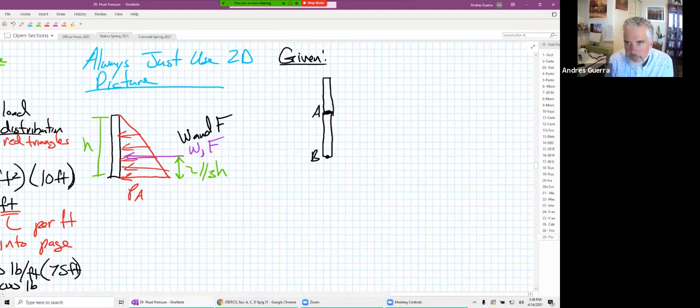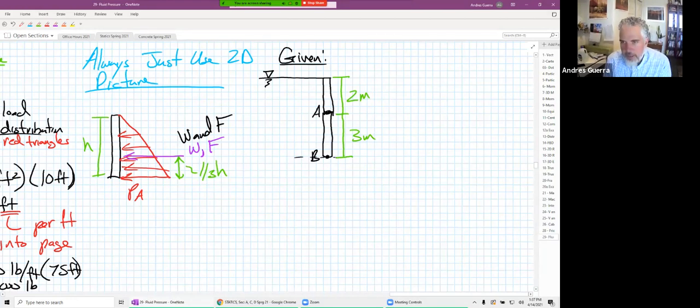We have our water surface there. We're given that this dimension, we'll go into SI units, is 2 meters. And then the bottom of the gate is at 3 meters right there.